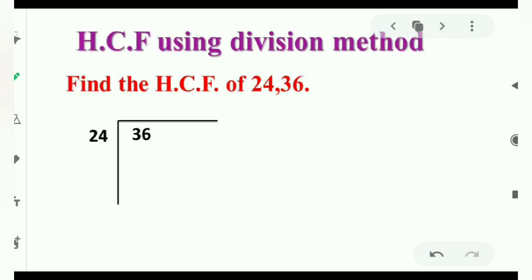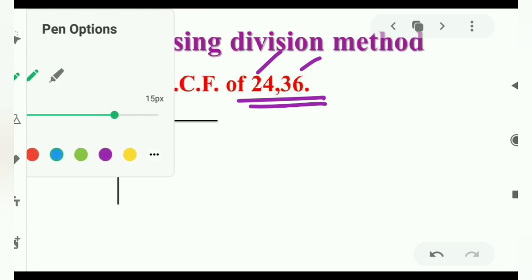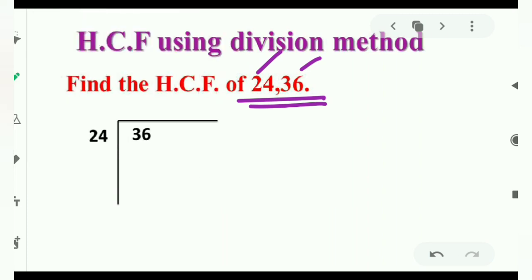Let's begin the illustration. Same numbers I have taken for better understanding. What is the bigger number here? 36, right? Okay, now what we are going to do? We are going to divide 36 by 24. Okay, 1 times 24, 12 as the remainder. Next step, what we are going to do?